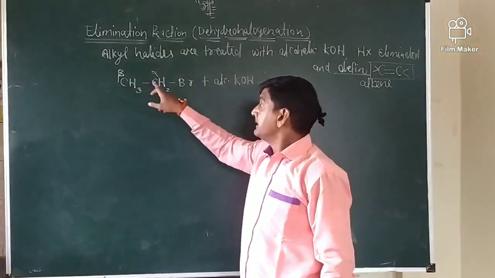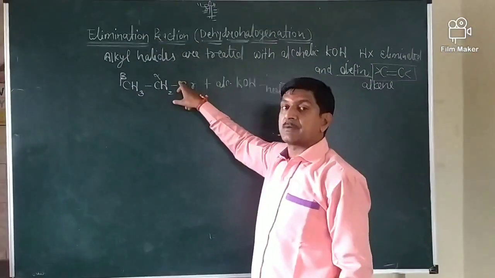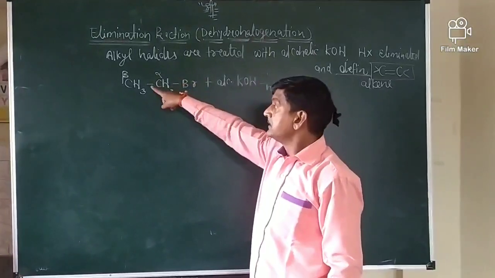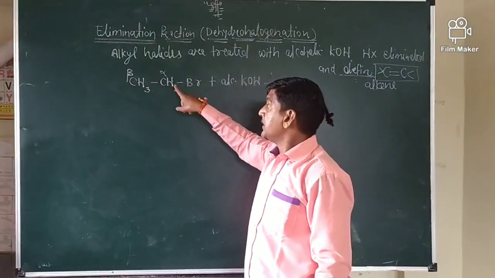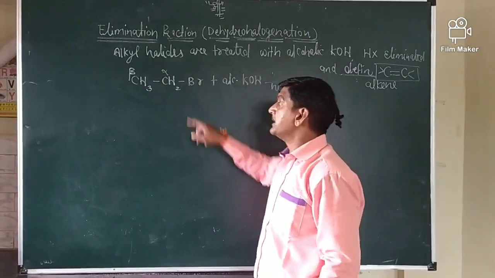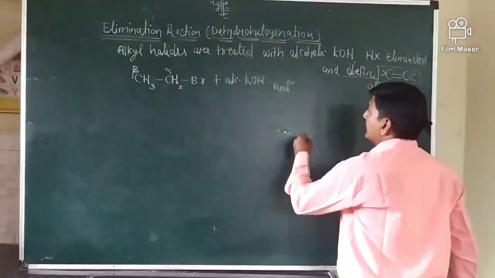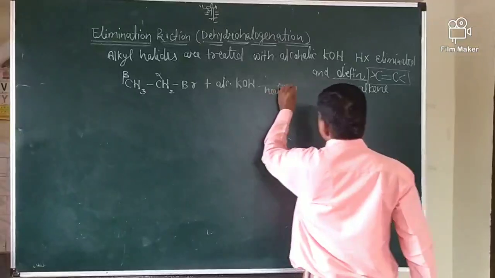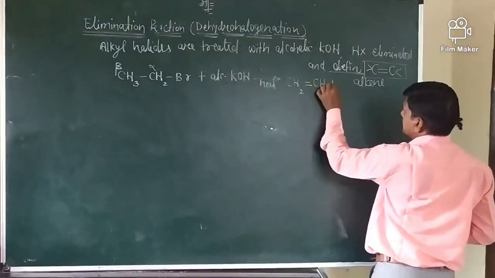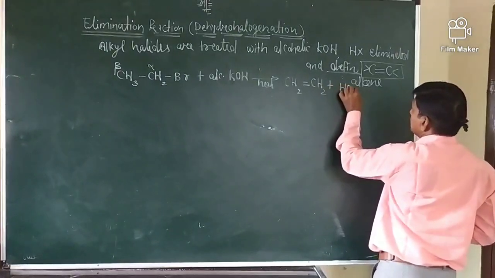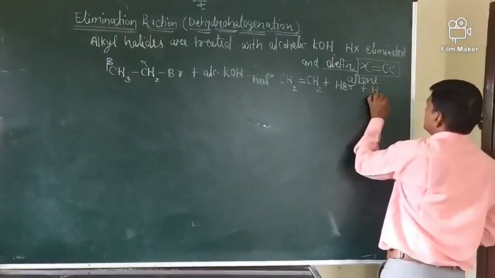Hydrogen atom from the beta carbon atom and halogen atom from the alpha carbon atom is eliminated and forms an olefin. So here it will form a double bonded carbon CH2=CH2 plus HBr.